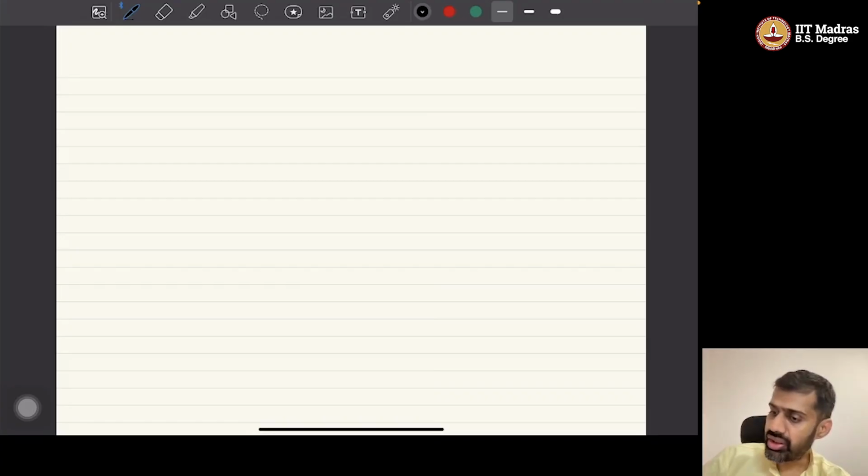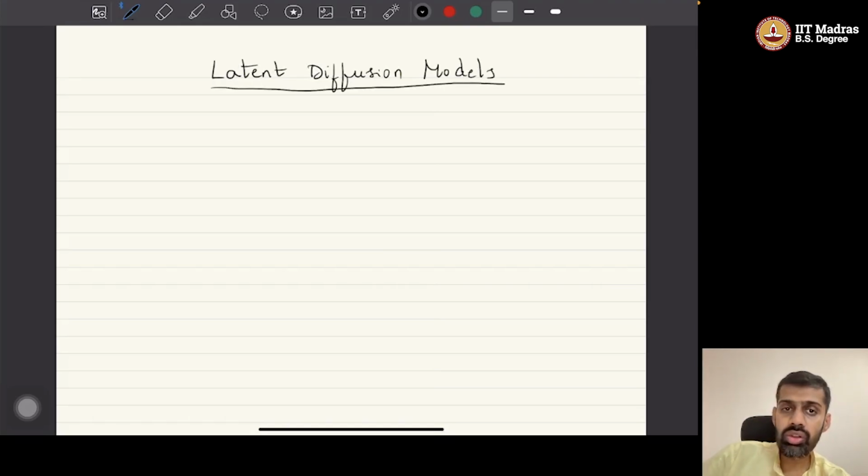So let us start with the latent diffusion models. These are also oftentimes referred to as the stable diffusion models.